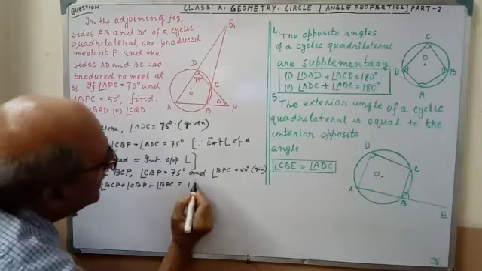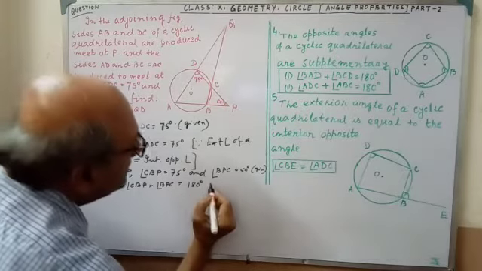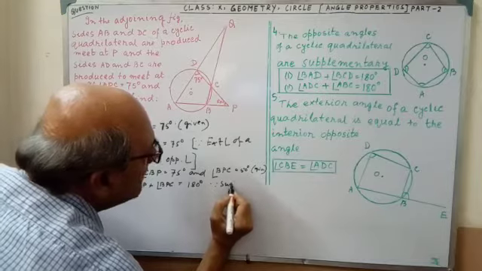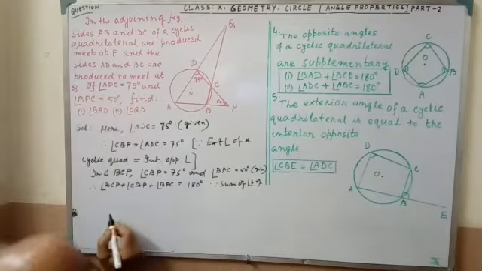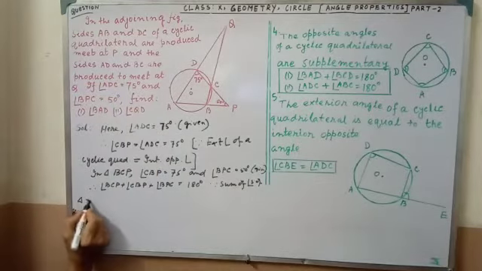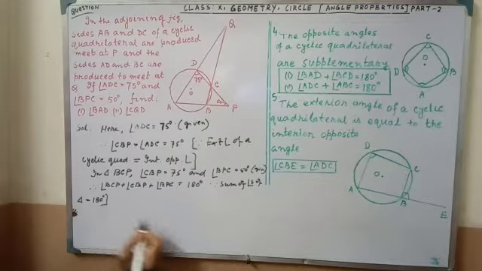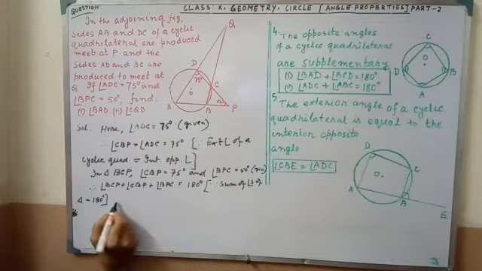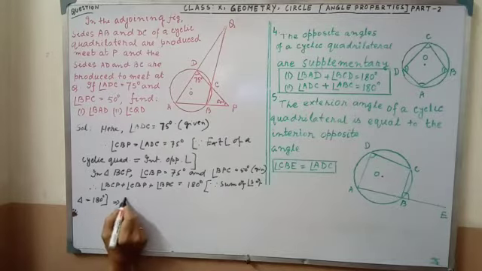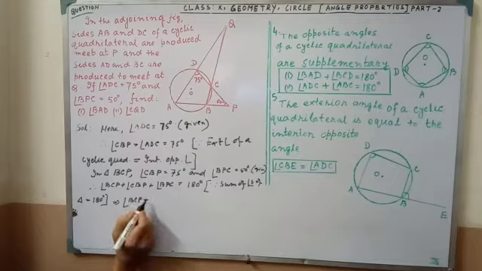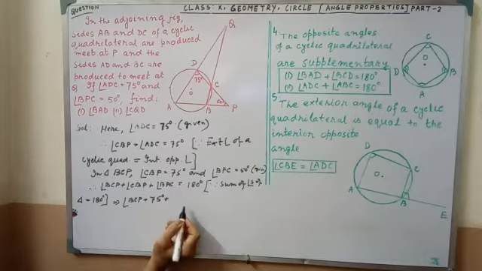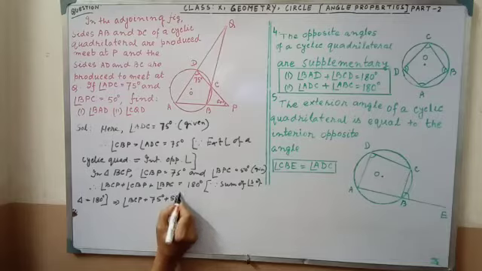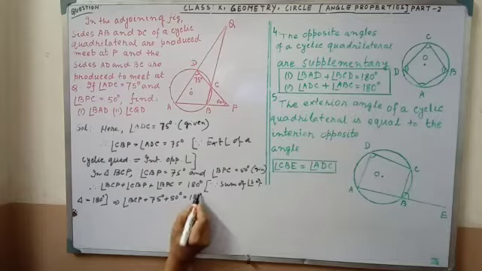Reason you have to write: since the sum of angles of a triangle equals 180 degrees. This reason you have to write clearly. Therefore angle BCP plus angle CBP, we got 75 degrees, and BPC that is 50 degrees, equal to 180 degrees.